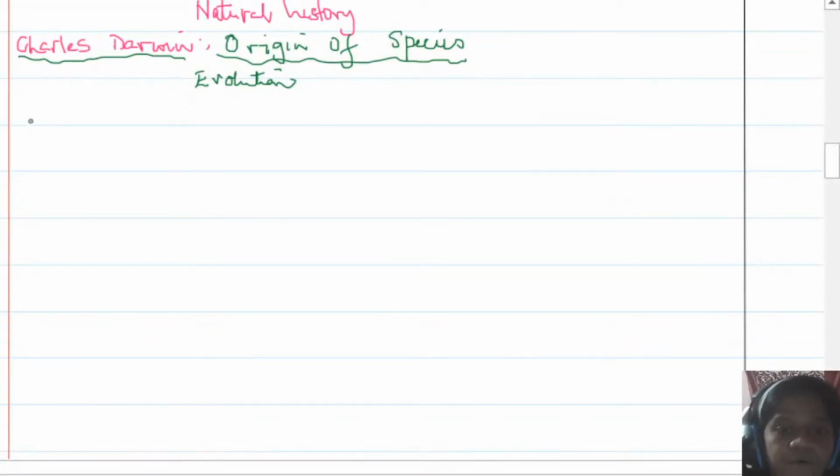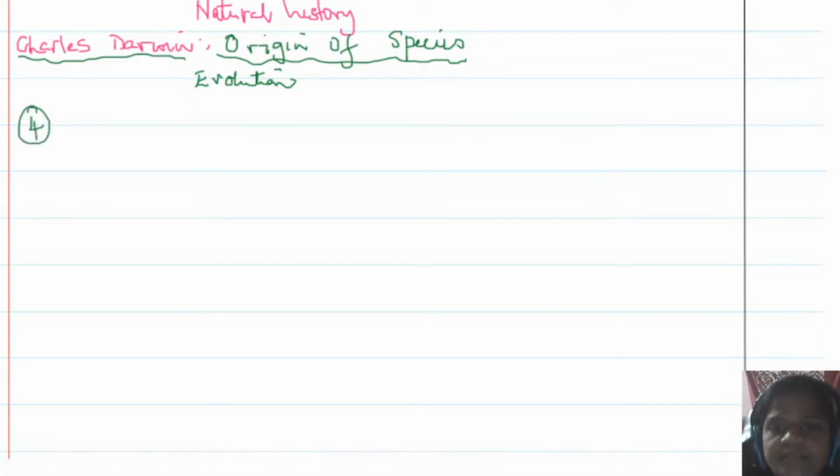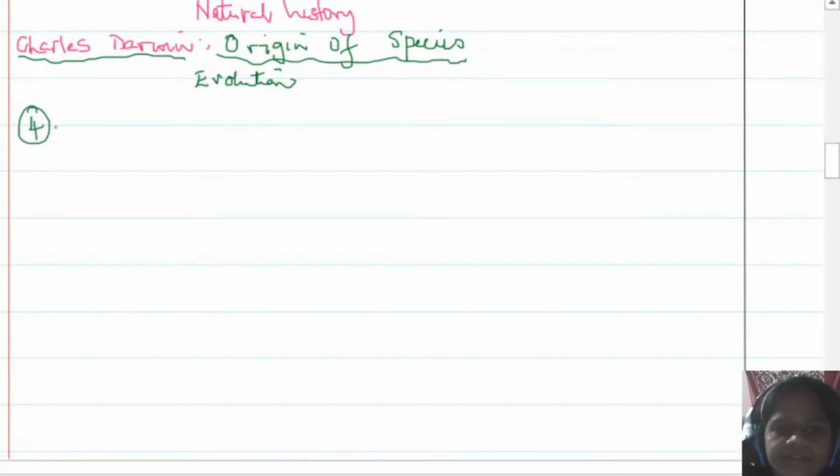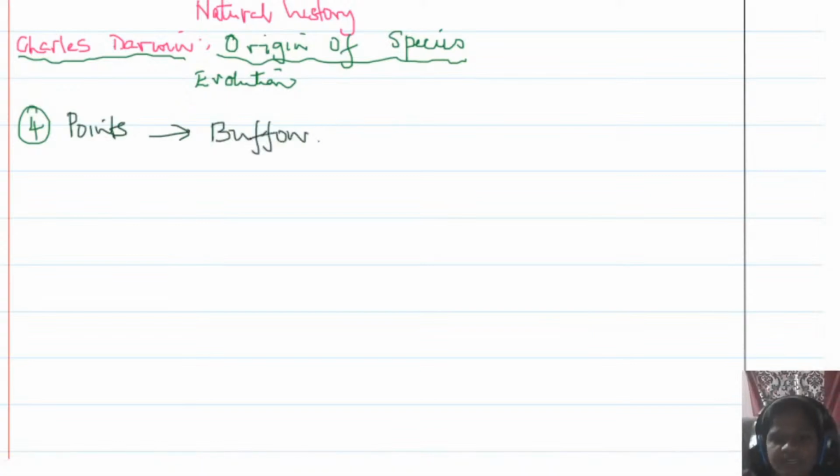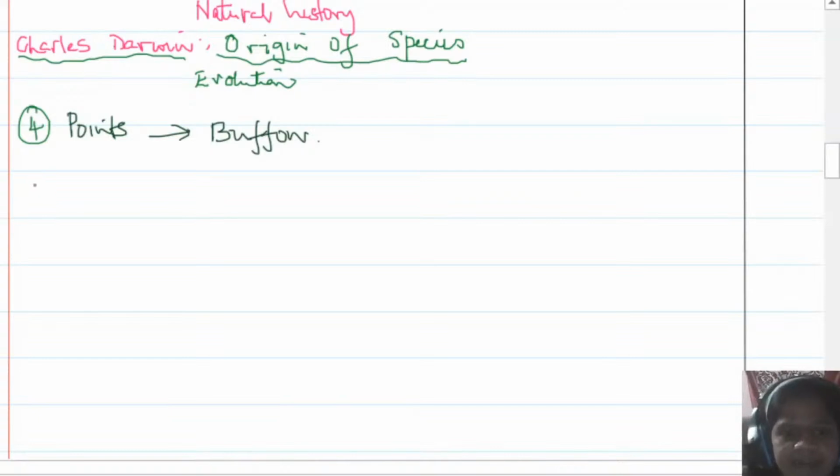Okay, so there are 4 things that we need to learn about species from Buffon. There are 4 points. This was proposed by who? By Buffon. So what did he say? He said there are 4 units when it comes to describing a species. The first one he said is a breeding unit.